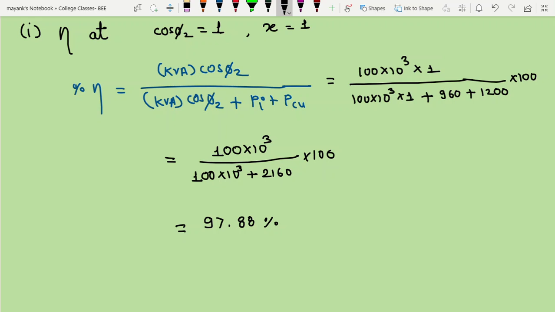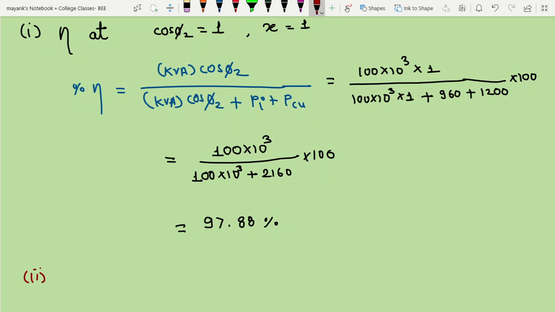Okay, efficiency is 97.88%. It is very high, and transformer is one of the most efficient devices ever invented in this world. Okay, इतनी efficiency एक्सेल में भी मिलती है, सिर्फ theoretical नहीं है, ठीक है ना, practical cases में भी आपको इतनी efficiency available होती है transformer के case में.